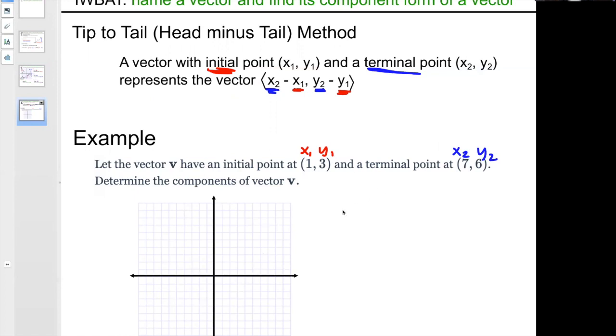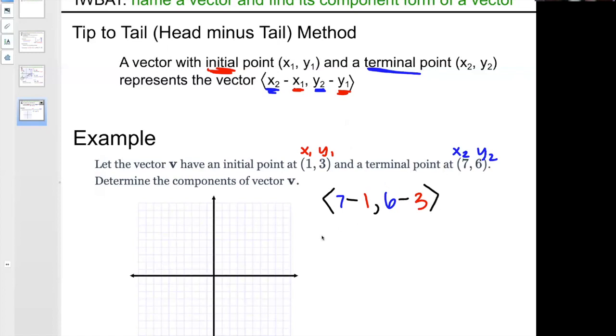So we're gonna go ahead and subtract these. We're gonna take our X2 minus our X1, okay? So X2 is 7 minus our X1, which is 1. Be careful if there's negatives in there. And then our Y2, which is 6, minus our Y1, which is 3. So all you're doing is figuring out how far apart these two numbers are, okay?